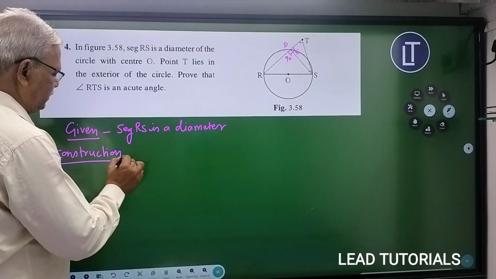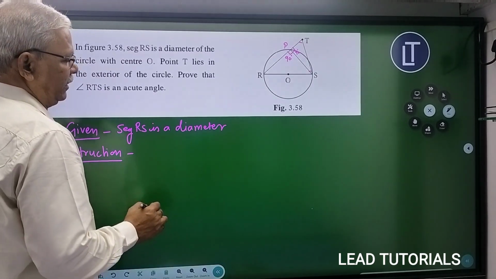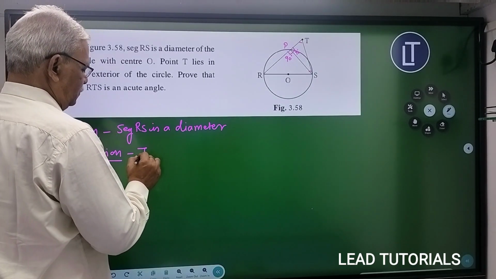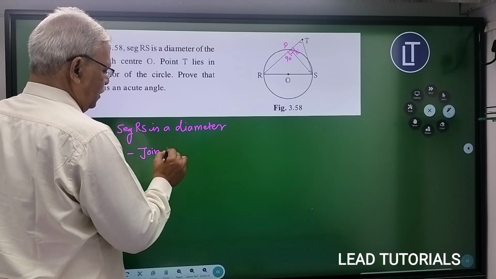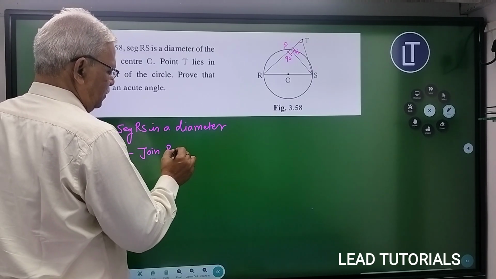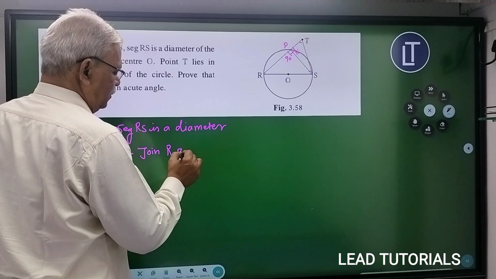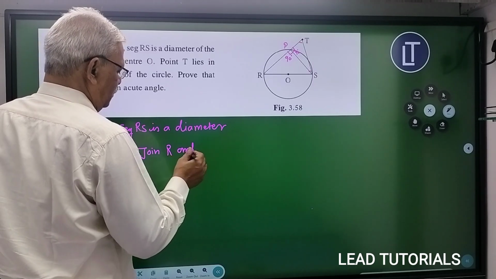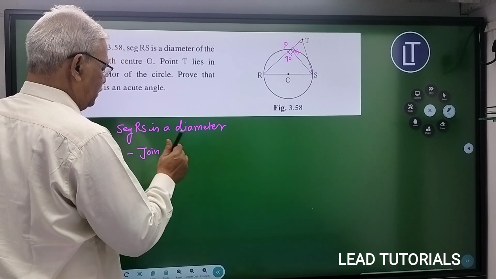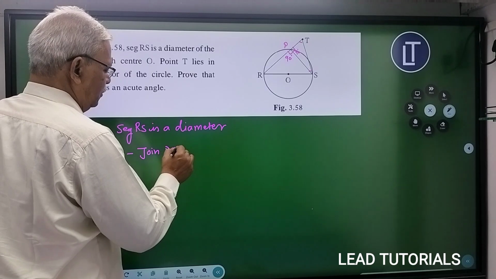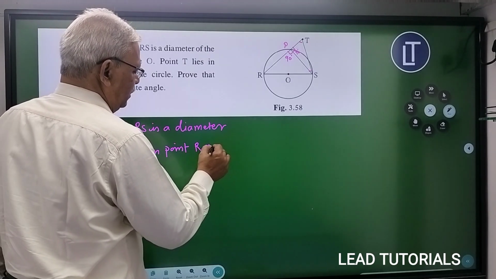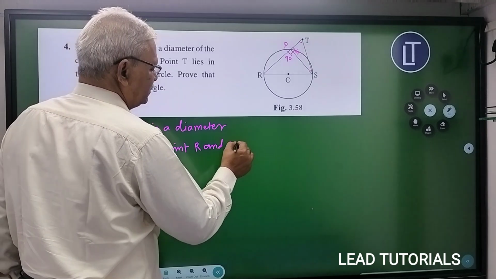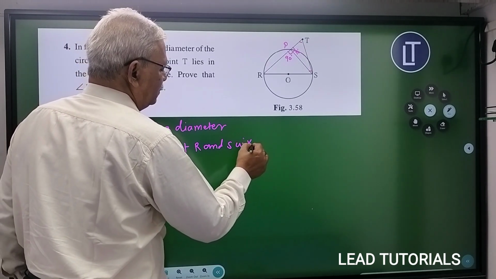What is construction? Join point R and S with T.